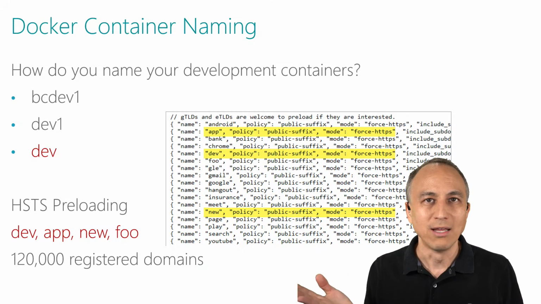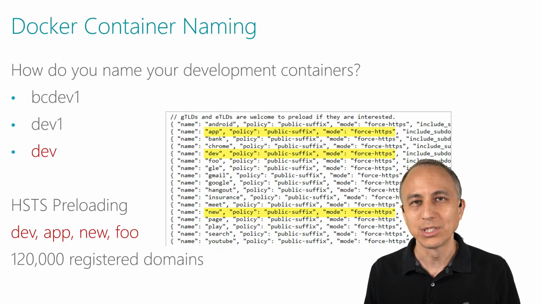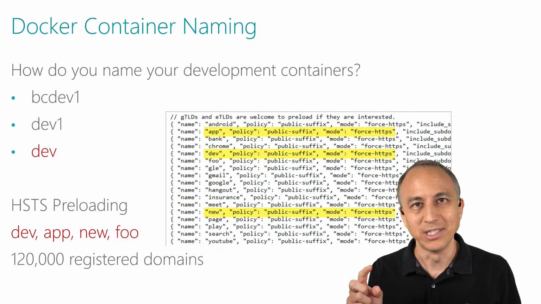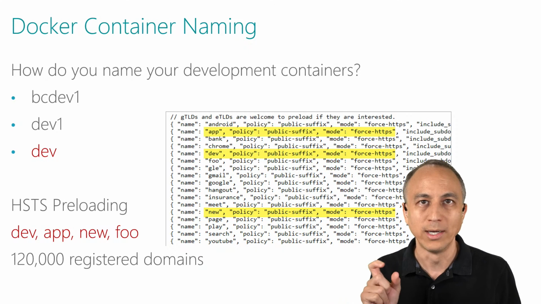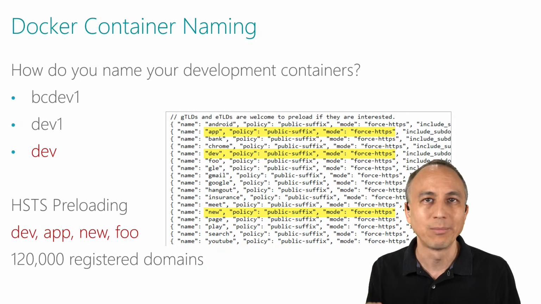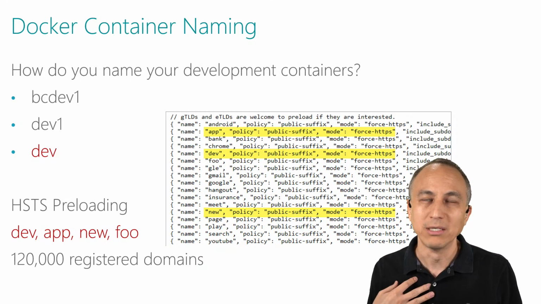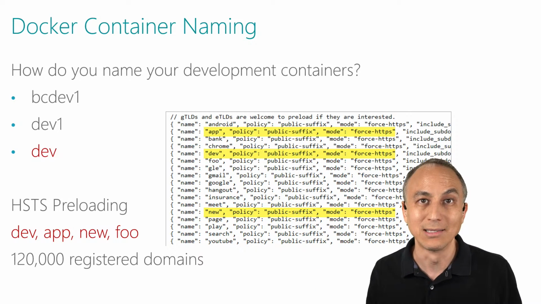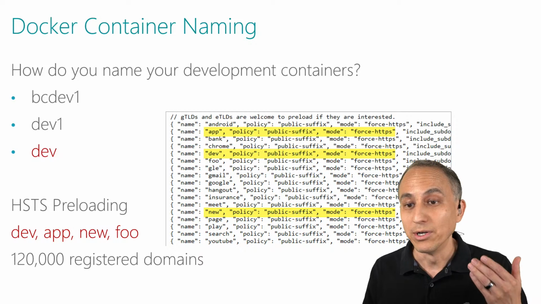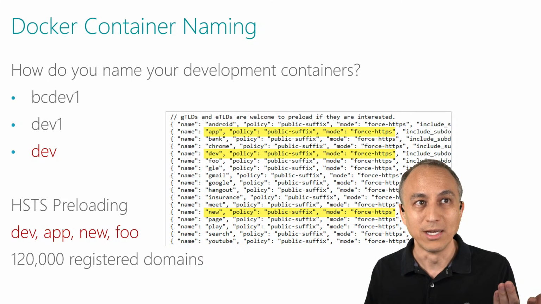And so not even worth it. I think he was going to add a warning, potentially check the HSTS preload list. If it comes back, log a warning in the BC Container Helper log. But just don't do it. Don't be like me. Put a number at the end or make it unique so it's not on this list. Anyway, that burned a solid 2 hours for me trying to figure that out.